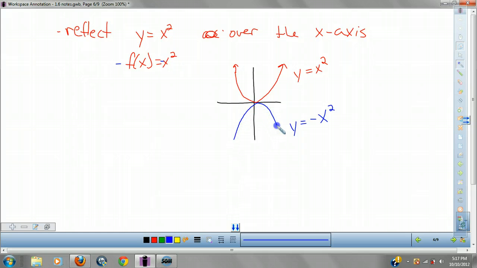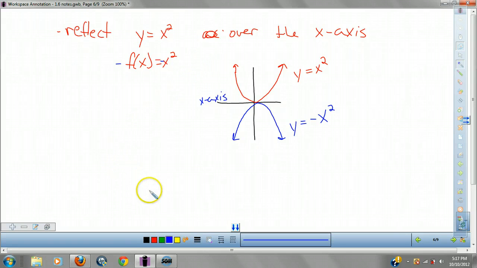It should be a mirror image of each other across this good old x-axis, right? If you're reflecting more difficult ones, make sure that the negative is distributing through to everything.